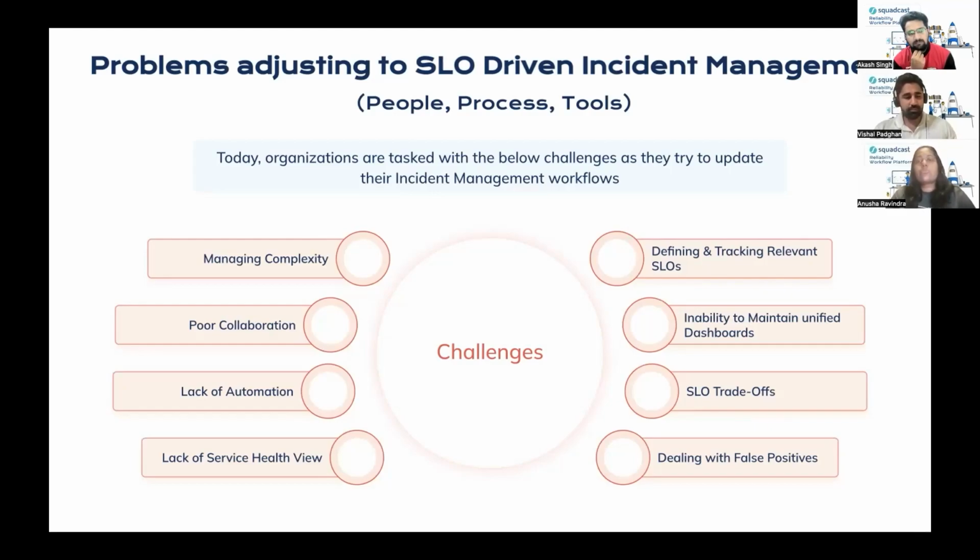So if the team is too conservative, then the developer velocity is reduced, which in turn affects business. But if the team is extremely active, then there's always a higher risk of encountering downtime, right? So identifying the sweet spot or the trade-off point is what most teams find very difficult.